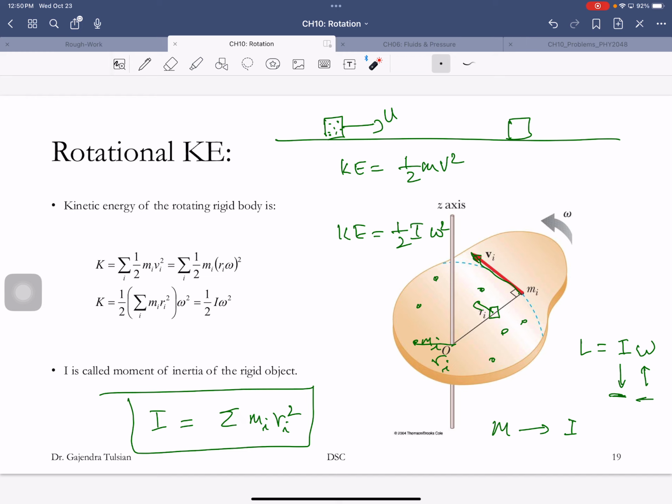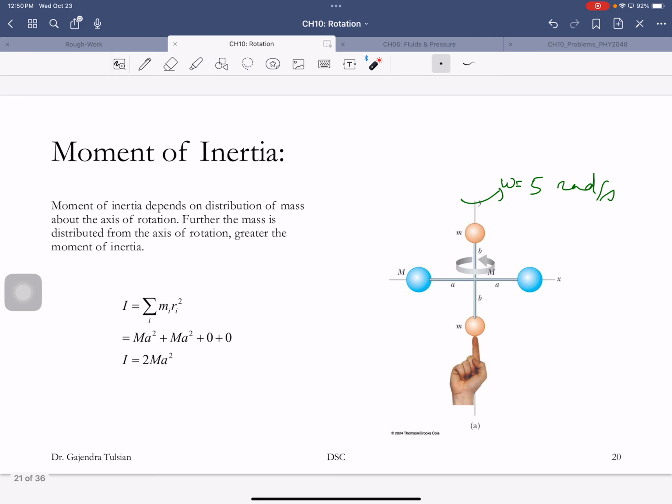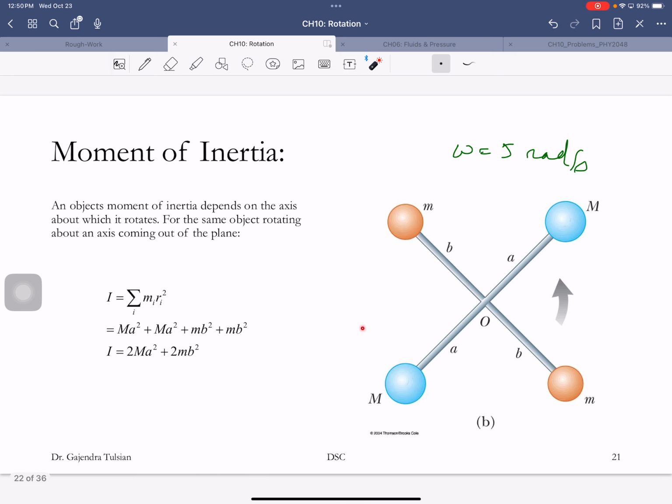The moment of inertia will depend on the choice of axis about which you're calculating it. For instance, here's this object. If you calculate the moment of inertia about this axis, there's the moment of inertia. For the same object, if you calculate it about this axis, there's the moment of inertia.